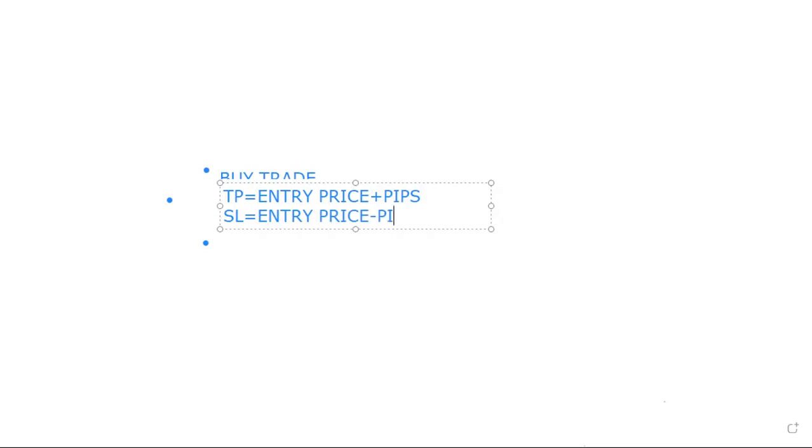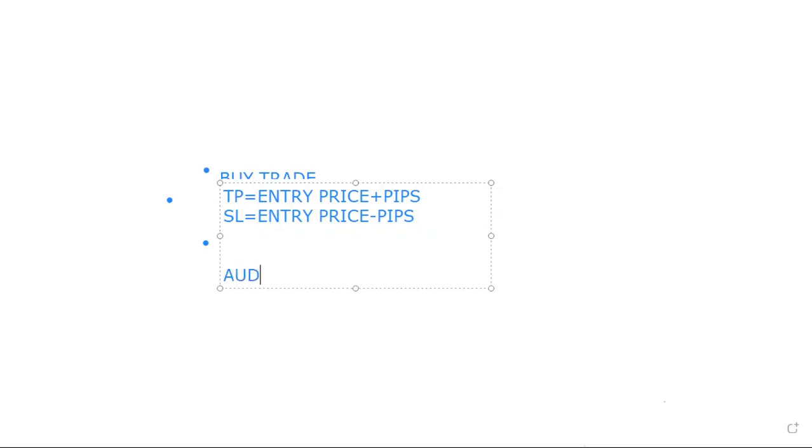Buy trade: TP is equal to your entry price plus pips. While the stop loss would be entry price minus pips.